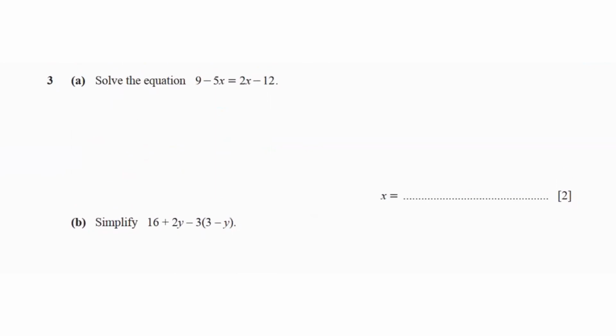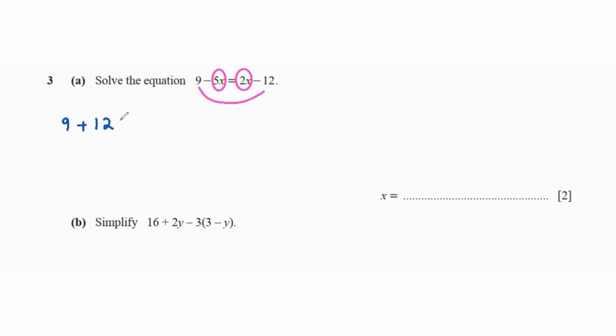Question 3, solve the equation 9 minus 5x equals 2x minus 12. Let's collect the like terms on each side. The x terms are like terms, and obviously the constants are like terms. So I'm going to write this as 9 plus 12.